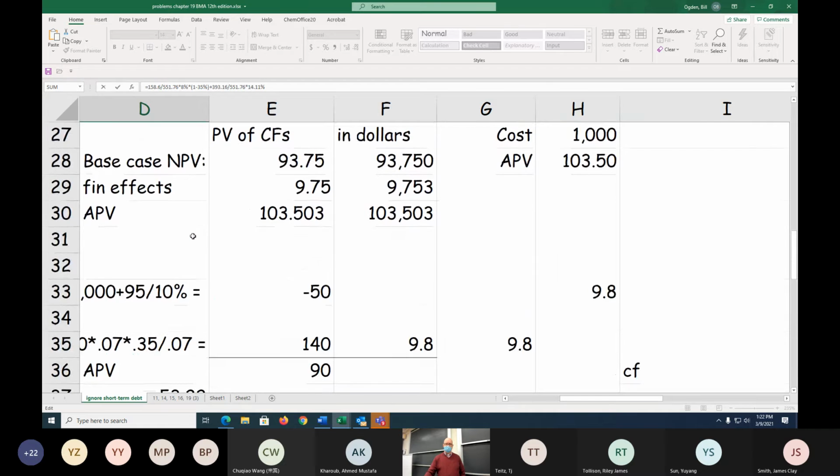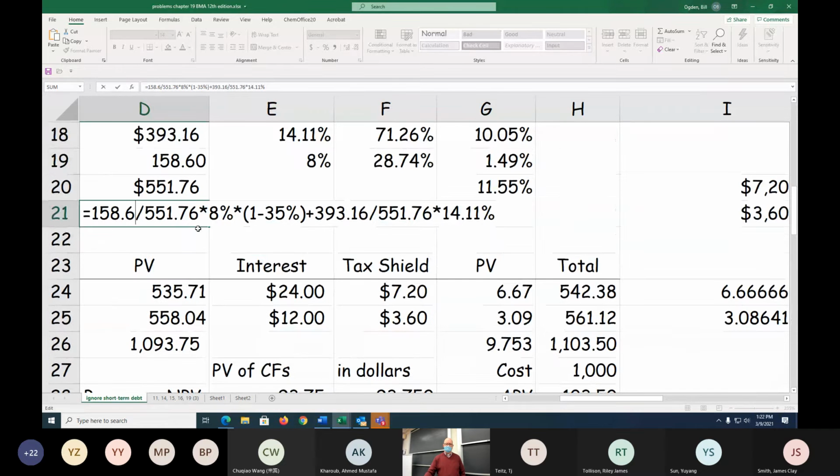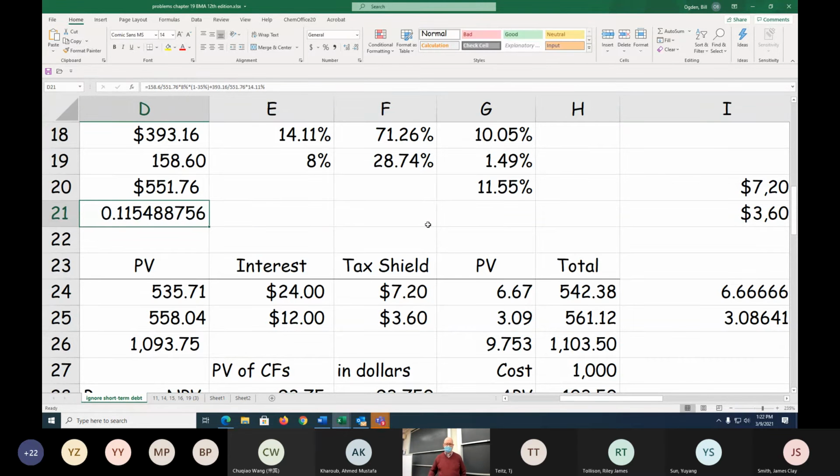Yeah, so 393.16 over the value times the new RE, and you should get 11.55%. Okay. Anything else here? Look good?